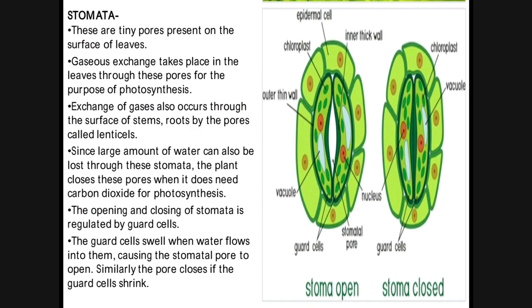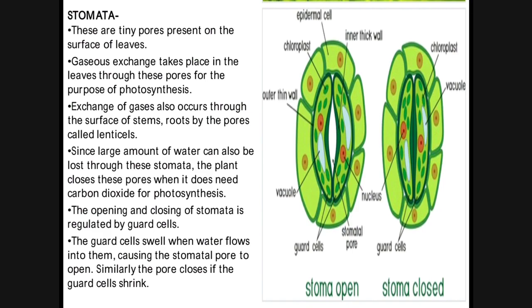Next, in the photosynthesis process, a structure known as stomata is present at the lower surface of the leaf, and that helps in gaseous exchange. See, the stomata structure is there and it is guarded by the guard cells surrounding it.